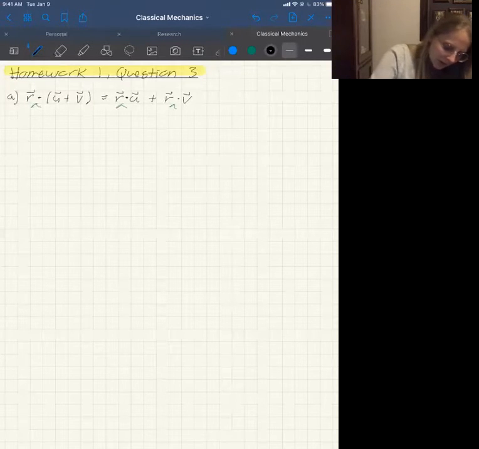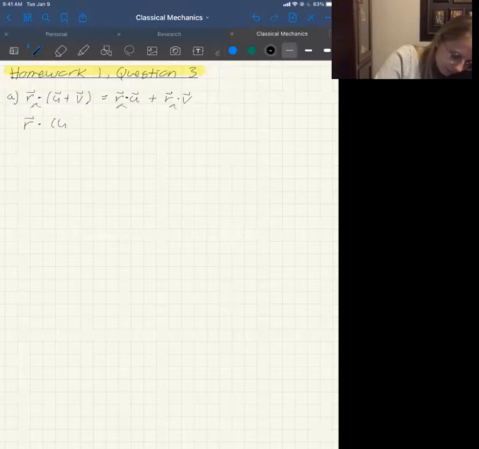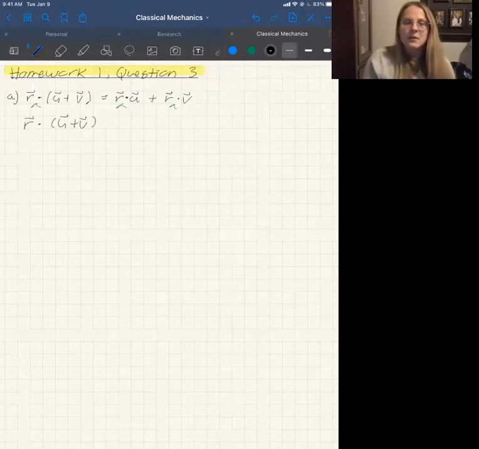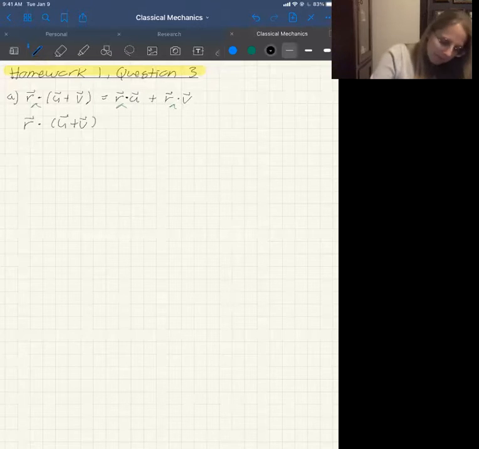To start this question, I'm going to start out with the left-hand side of the expression and work towards the right-hand side. You could also start with the right side and work towards the left-hand side if you wanted. The first thing I'm going to do, since these are vectors, and I'm just going to assume they're three vectors, meaning each vector has three elements, is write it out in component form.